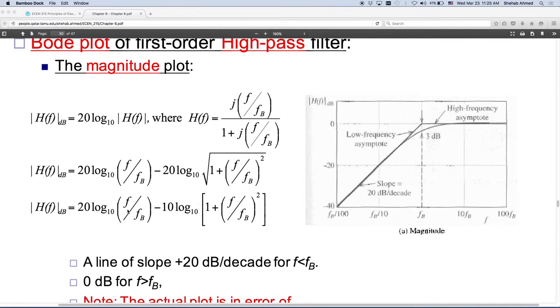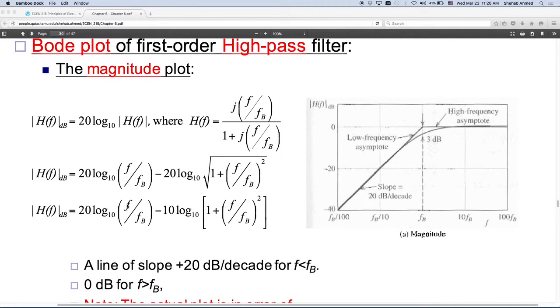For f is 0, what do you get? What is log 0?